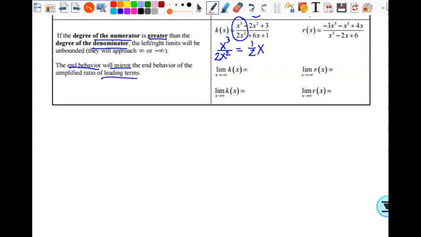I don't even care exactly what the slope is. All I care is that it's a slant asymptote and it has a positive slope, so it has to look like this, right? Something like that. That's what my slant asymptote is going to look like, and that will help me with the end behavior. So as x approaches negative infinity, what is y going to be approaching? Negative infinity. And as x approaches infinity, positive infinity.